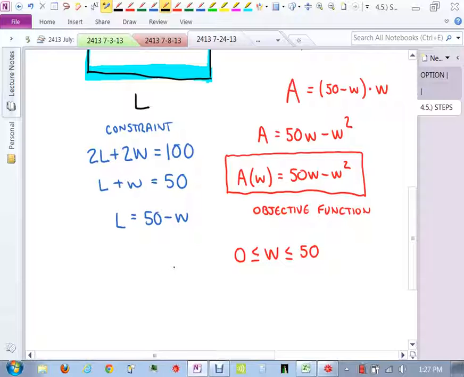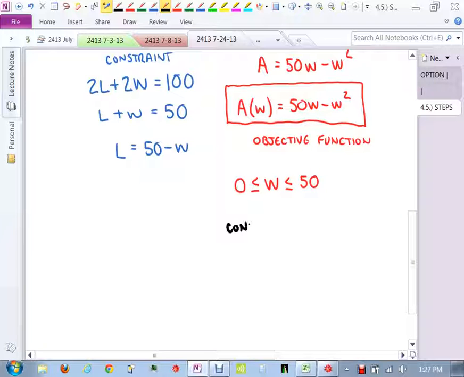All right, so do we have a continuous function on a closed interval? All right, this is a continuous function. It's on a closed interval, and therefore we'll do what we call the closed interval method to find it. So we'll need to take a derivative, right? A prime of W equals 50 minus 2W, right?